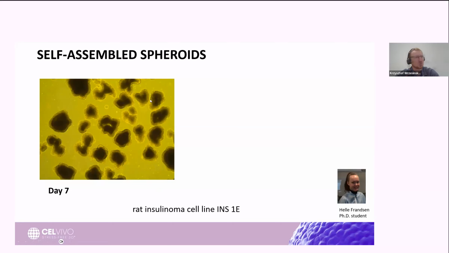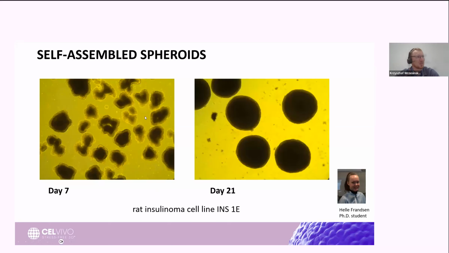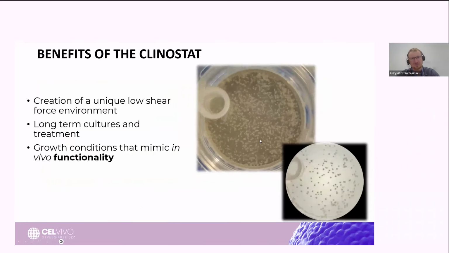But due to the clinostat principle, or clinostat effect, by keeping those constructs longer in our system, you can achieve very nice spherical and very identical constructs, much more useful for downstream applications and for reproducibility.